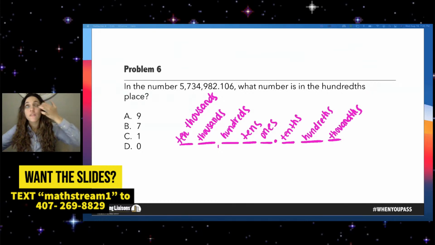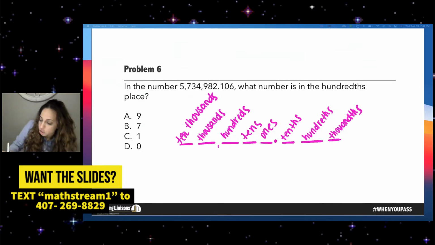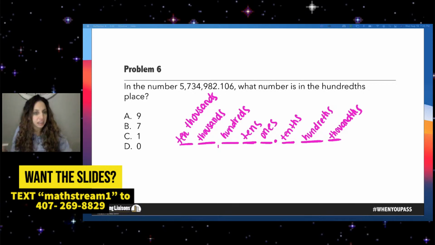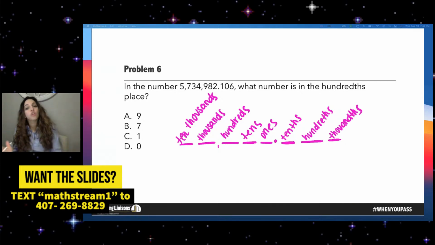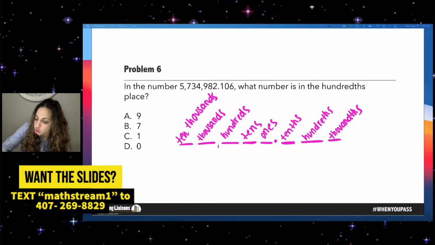Now, where people get confused is they think because there's a ones and then a tens, that there's a oneths and then a tenths, and that is not the case. This first blank is the tenths. So if we're looking for the hundredths place, we're actually looking for this place right here. So what number is in that place in our number? It's going to be the 0.